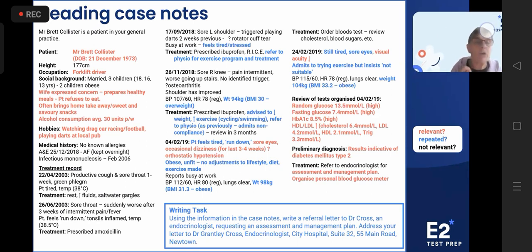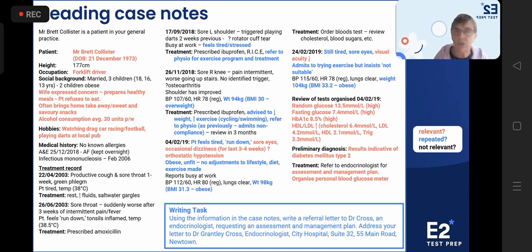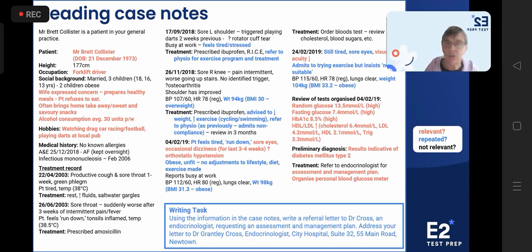And remember, if you're going to talk about alcohol consumption, you need to say how much alcohol is drunk. Not that he's a heavy drinker or an alcoholic. Never put those things. How much does he drink? All right. Now, the story starts really in September there. He came to see you. He was feeling tired and stressed. And was sent to a physio for an exercise program and treatment.